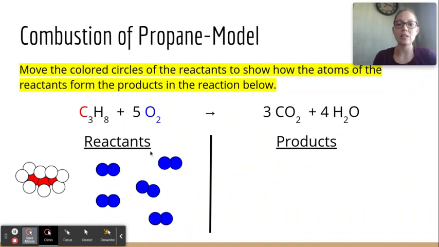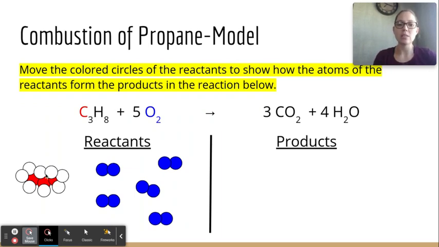And so what I'd like you guys to do is prove that with this slide. So this is a new hydrocarbon for you guys. This is propane, like you might burn at your house or when you use a grill. Most of the time they use propane. So what I would like you guys to do is look at the reactants and make the products. And you guys know how to make molecules now.